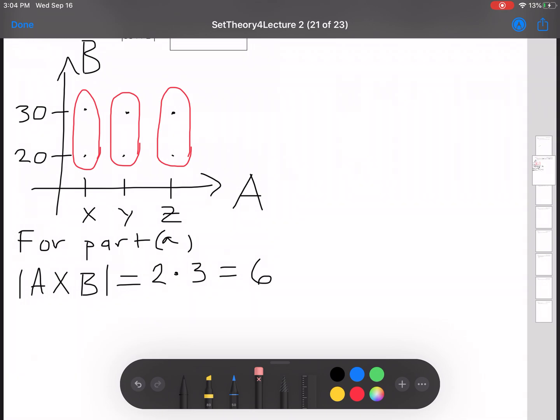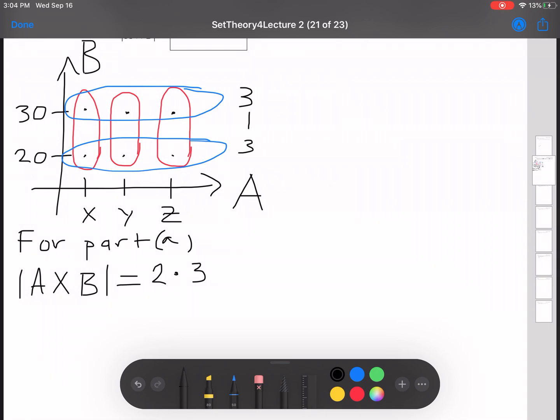And also, another way of looking at that is you have 3 things 2 times, so this is 3 plus 3. So think about how you'd say that.